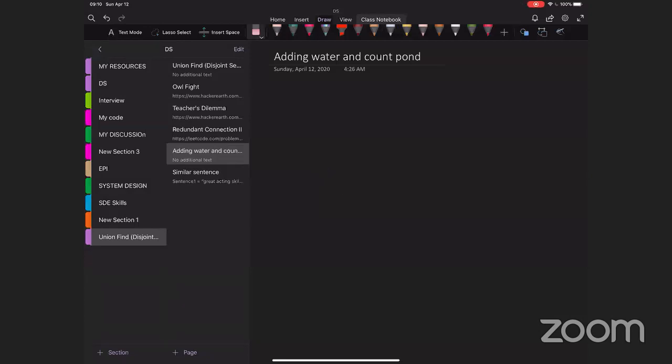That means we are given a two-dimensional array.